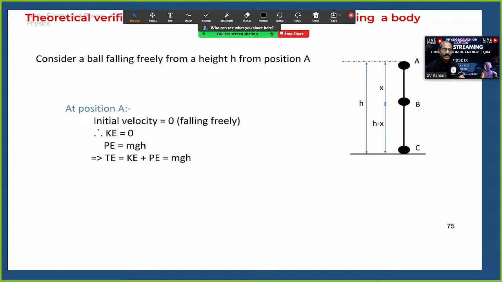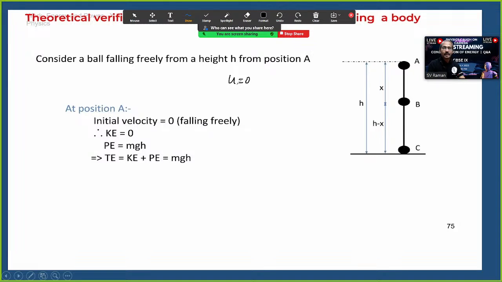At each and every point, the total of kinetic energy and potential energy must be the same. Yes or no? That is the law of conservation of energy. We need to prove it. At height h, at point A, the ball has its own potential energy but there is no kinetic energy. So initial velocity u is equal to 0, because at height h, at that position, the u value will be 0.